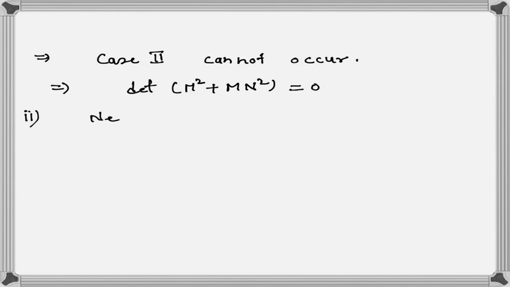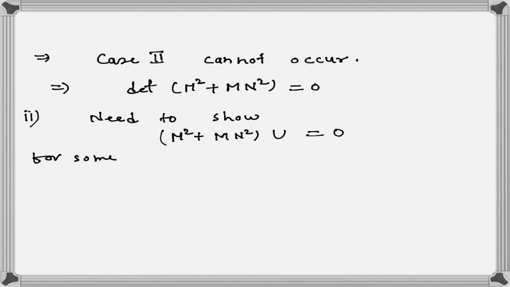So in the second part, we need to show that m square plus mn square U is equal to 0 for some non-zero matrix U. This represents the 0 matrix, so I don't need to mention it all the time.